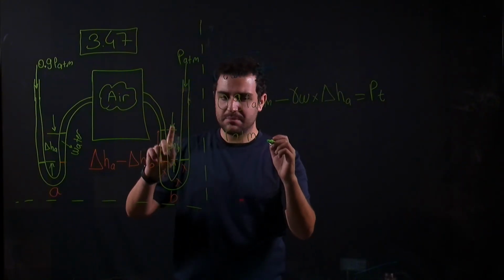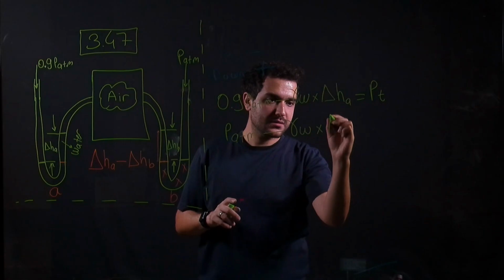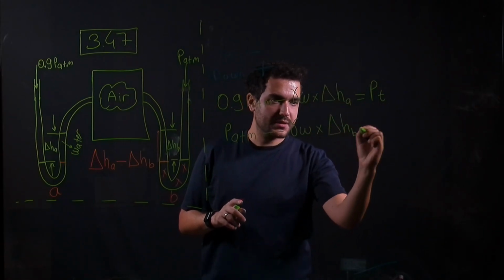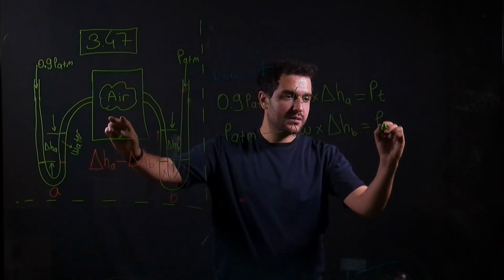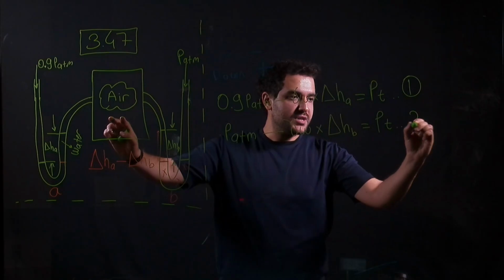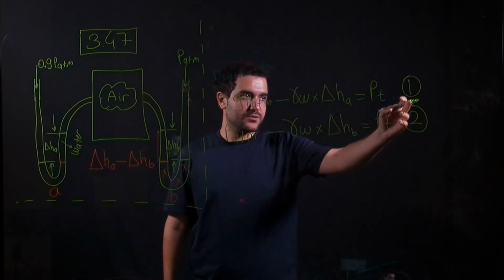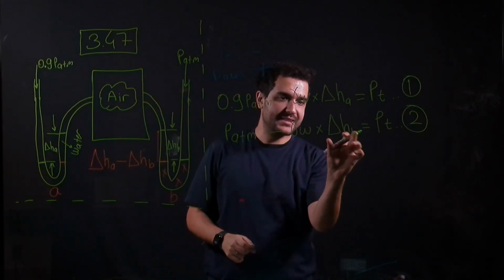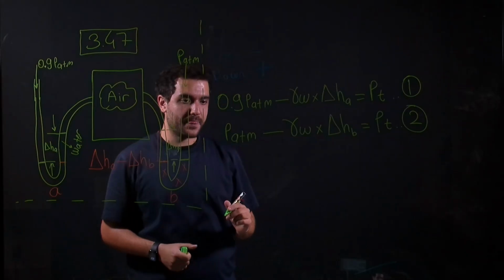Since we are going up, again we will have specific weight of water times delta HB, and similarly this is also equal to PT. So we have two equations here, and if we use these equations together, we will get delta HA minus delta HB.